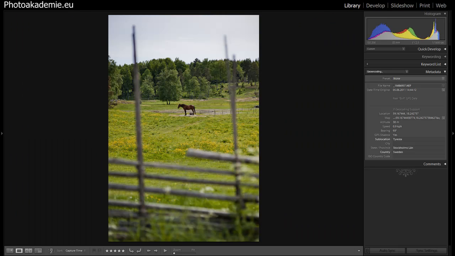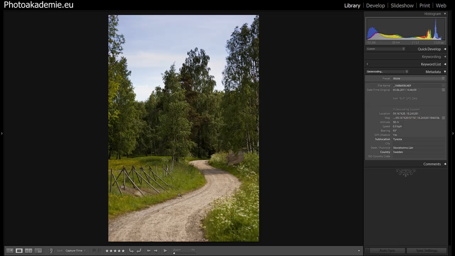Yeah, and this horse over there, and here you have a frame within the frame. Something special, something interesting. Nearly centered, this horse here. And the shape of this way through the forest, or into the forest.